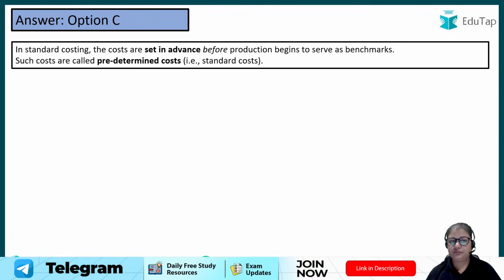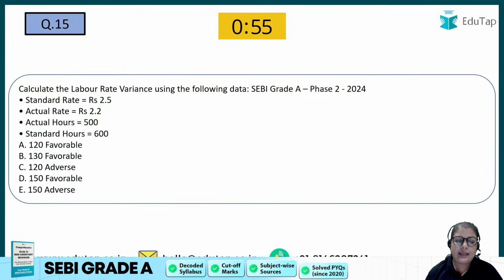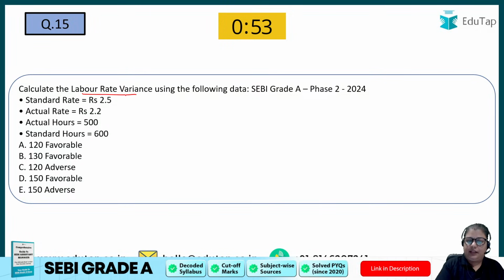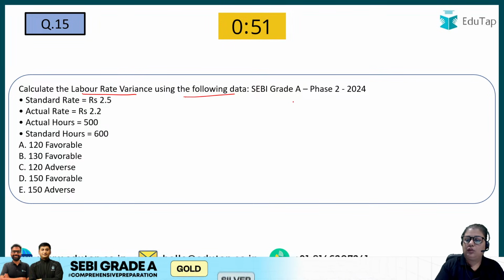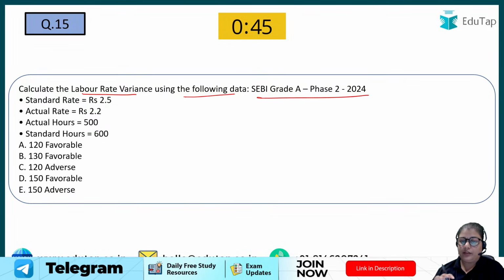Then coming to question number 15, again a numerical question. Calculate the labor rate variance using the following data. This was also in SEBI Grade A Phase 2 2024. Like I told you, I'll be including some previous year questions so that you know what kind of questions come in the exam. Do you remember the formula?